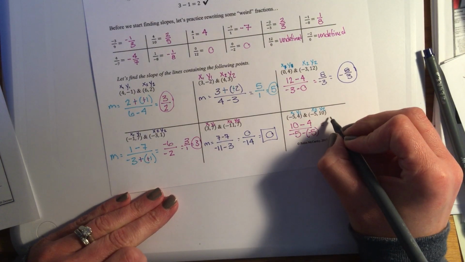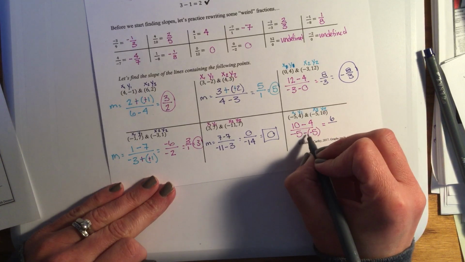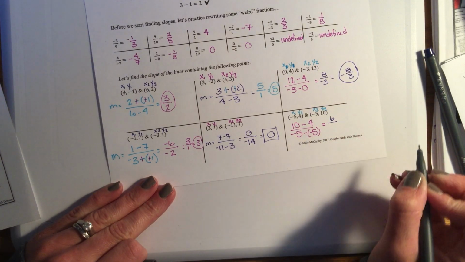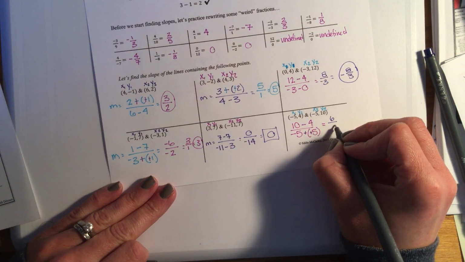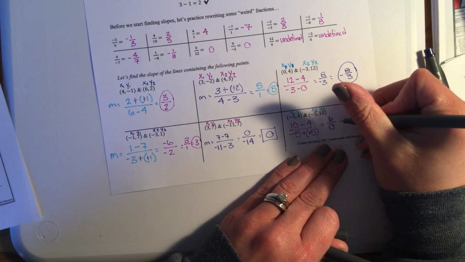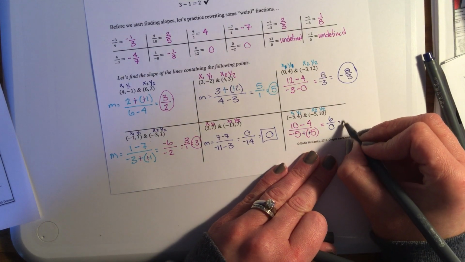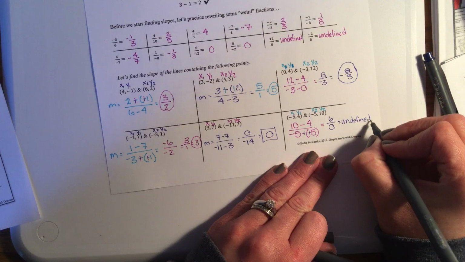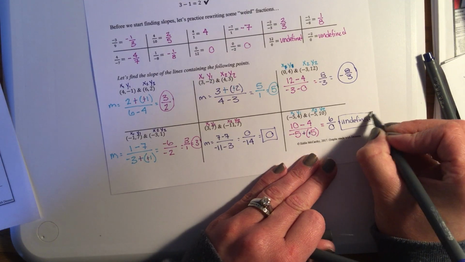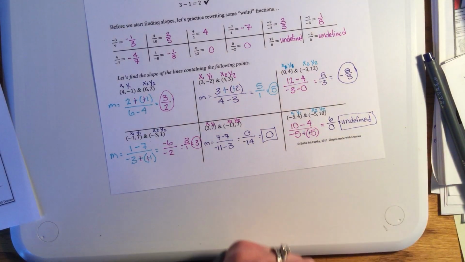Okay, 10 minus 4 is 6. Remember, subtracting a negative turns to addition. So this ends up being a 0. 6 divided by 0 is undefined. That would be a straight up and down line.